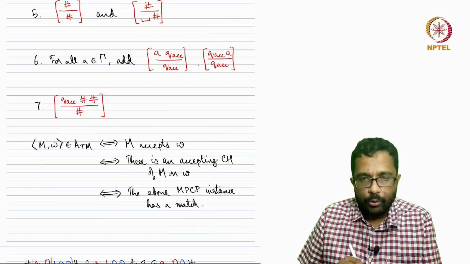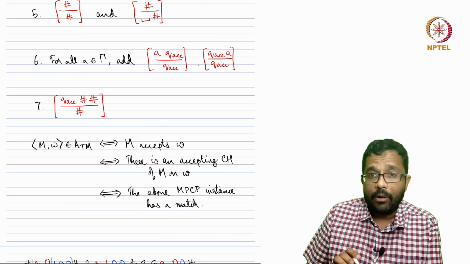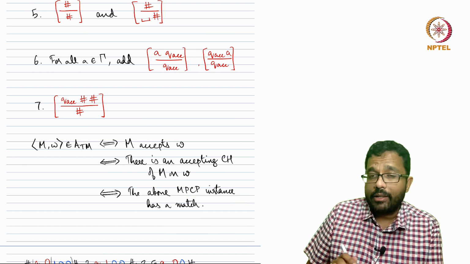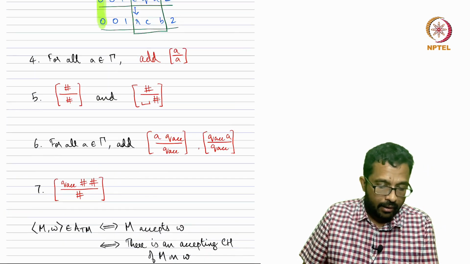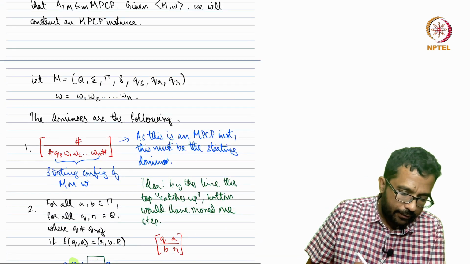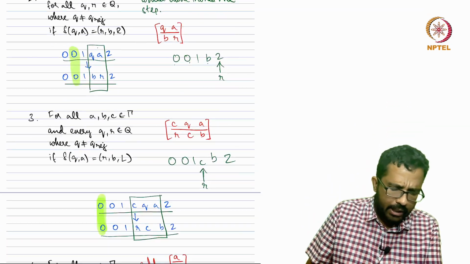M accepts W if and only if the MPCP instance has a match, right? And it's important that this be viewed as an MPCP instance and not as a PCP instance, because if we do not insist that this be the starting domino, then there are many matches.